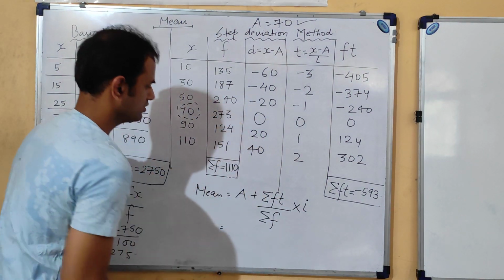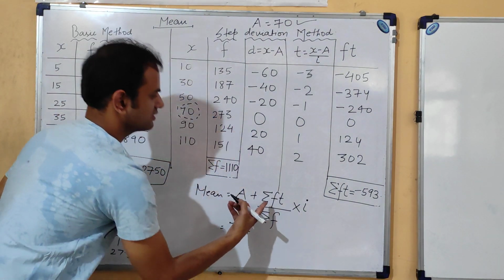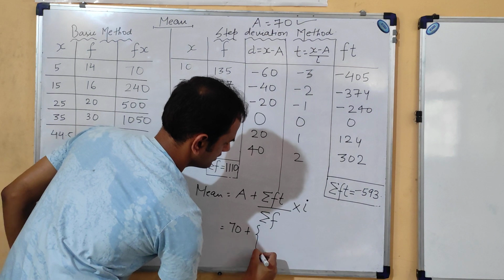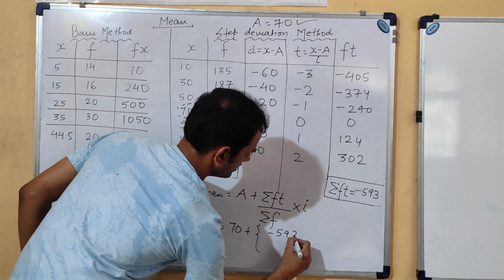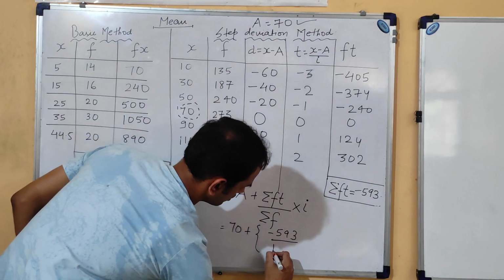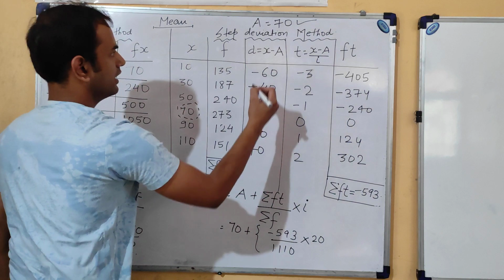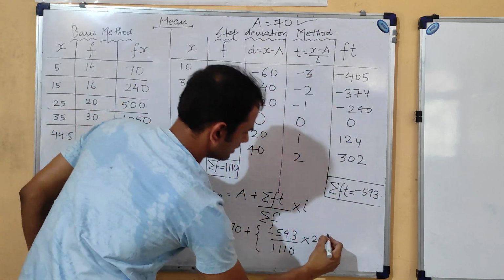So the assumed mean is how much? 70. What is the summation of ft? That is basically 593 with a negative sign. What is the summation of f? 1110, into i, the value of i is 20, I think we have taken.